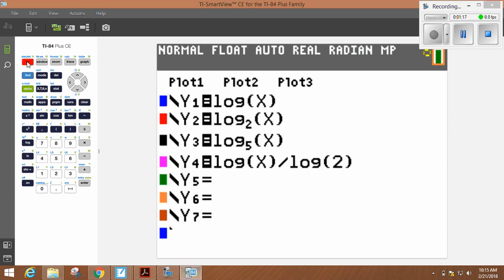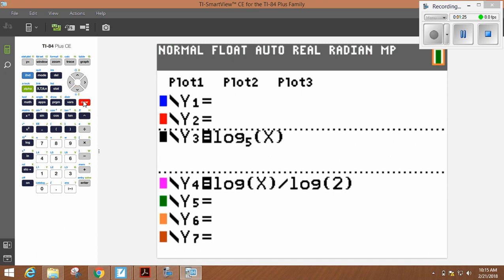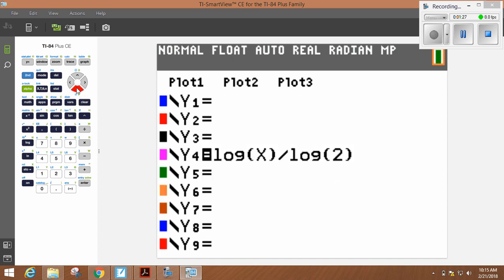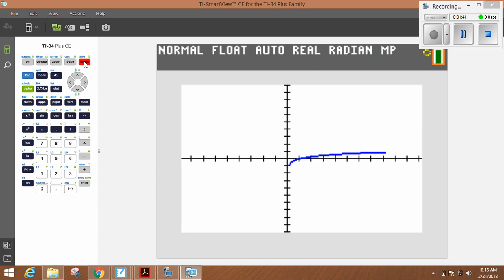I actually have them there, but I'm going to go ahead and erase them, sorry, and go from scratch. So first thing we're graphing is log base 10, right? All you gotta do is hit your log button, log base 10 of x, and let's go ahead and look at that.